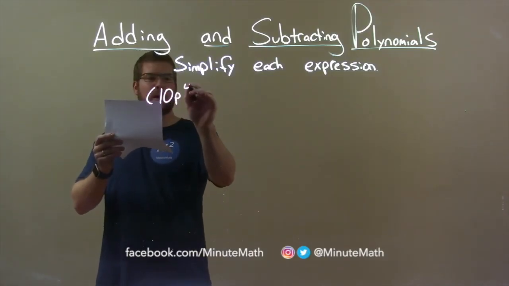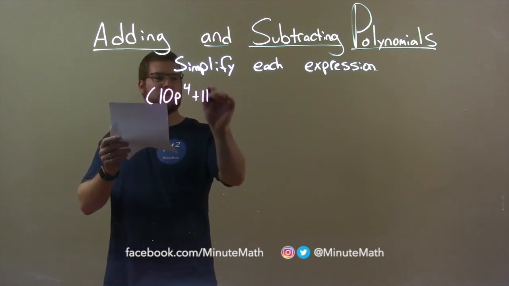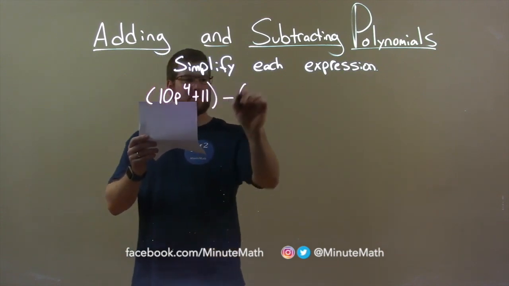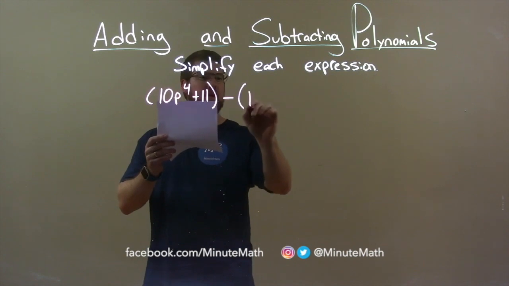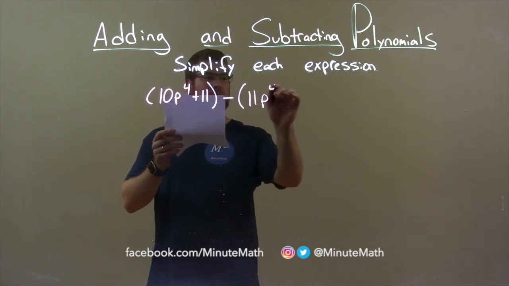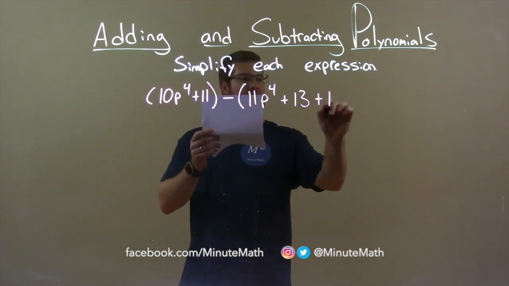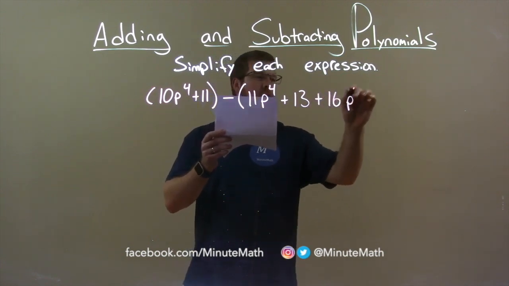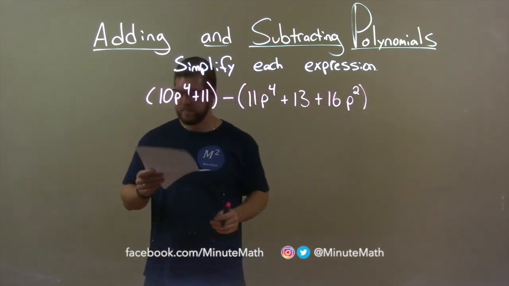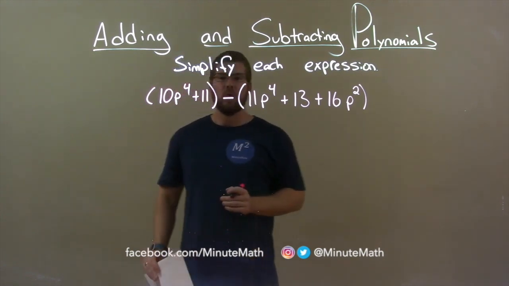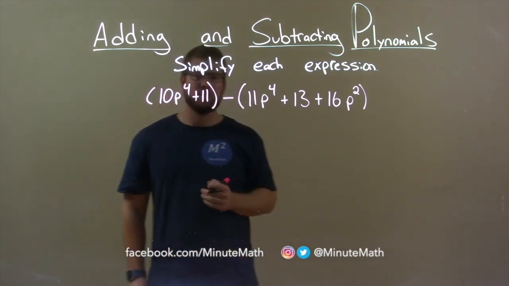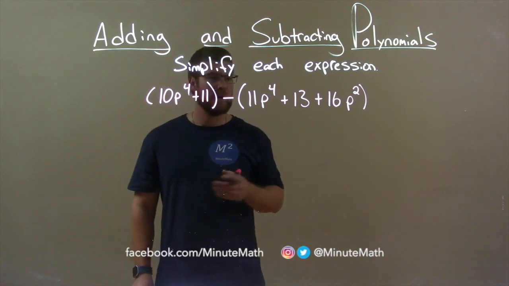10p to the fourth power plus 11, minus, second parenthesis, 11p to the fourth plus 13 plus 16p squared. Okay? So first thing, I look within each parenthesis. Is there anything I can simplify within it?